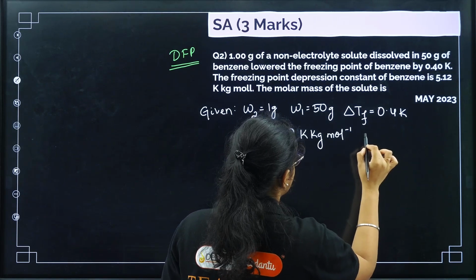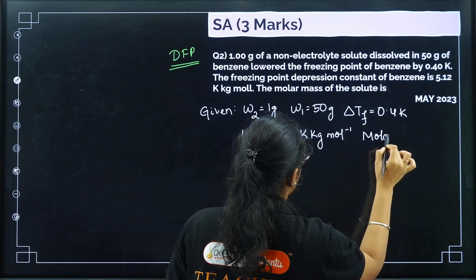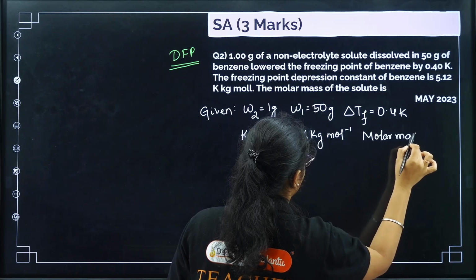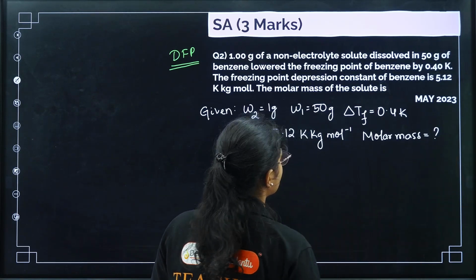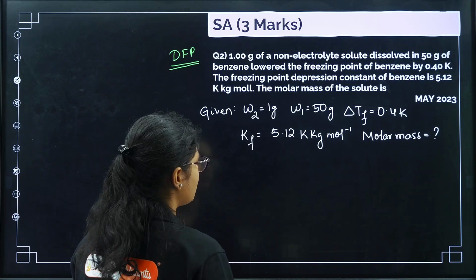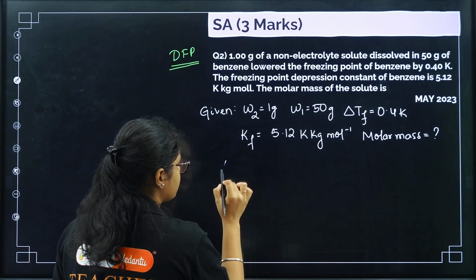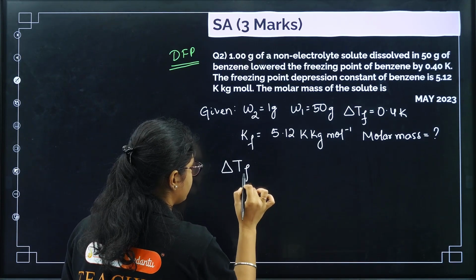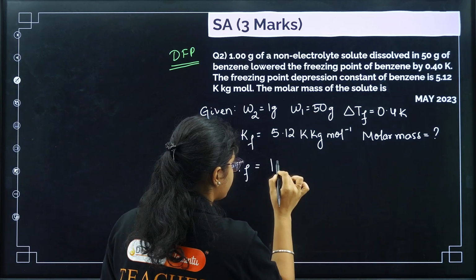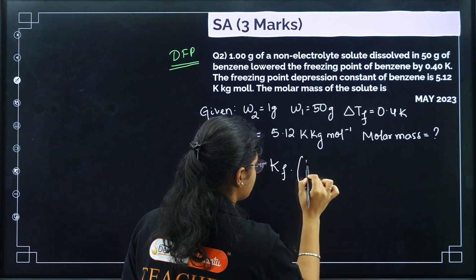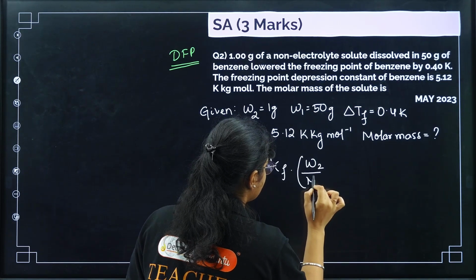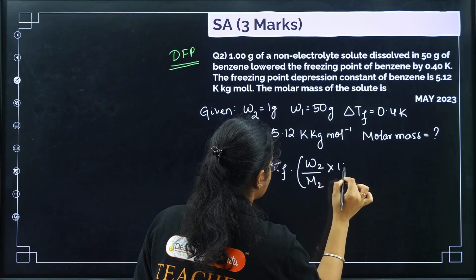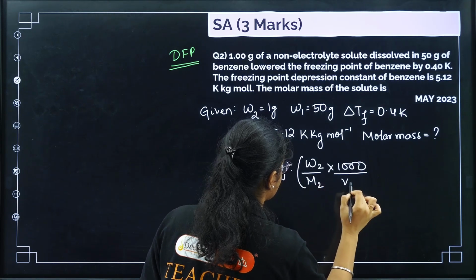Molar mass of the solute you need to calculate. So this is step 1. Next, step 2 is depression in freezing point. I'll write delta TF is equal to KF into molality formula. I'll extend and write W2 into 1000 by M2 into W1.